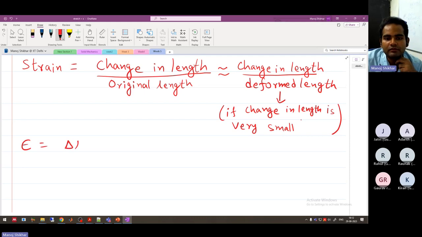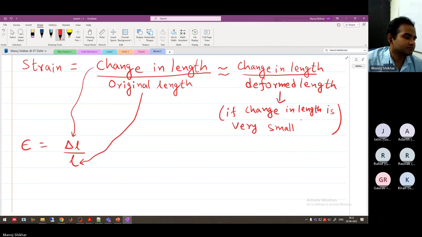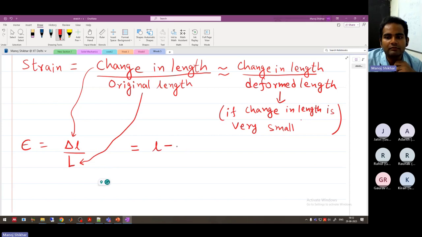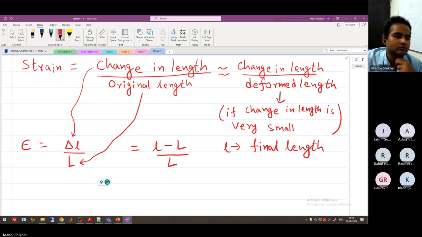Epsilon is delta L by L, where delta L is the change in length and the original length is L. So this is small l minus capital L by L. Small l is the final length of the rod, or deformed length.